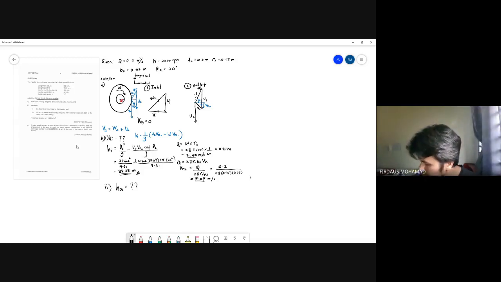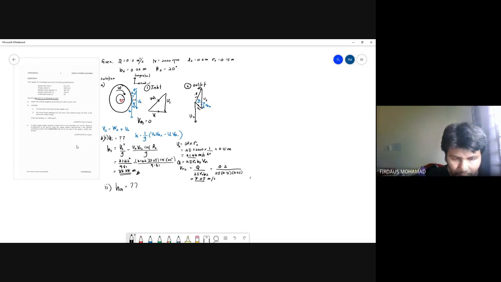H actual ataupun head pump defined as P2 minus P1 over gamma, head due to the pressure, plus Z2 minus Z1 due to the elevation difference, and then V2 squared minus V1 squared over 2G. Okay, so this is head due to the kinetic energy.